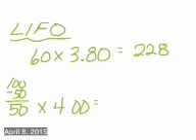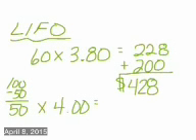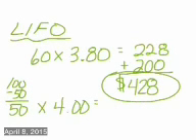What's 50 times $4? 200. What's 228 plus 200? 428. So you sold $428 worth of pens.